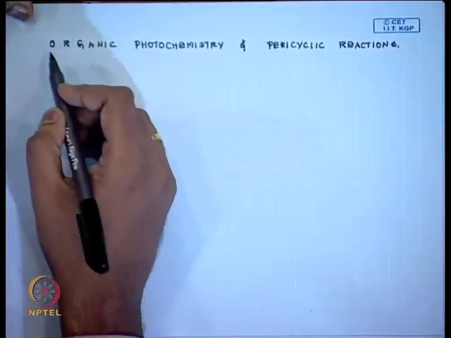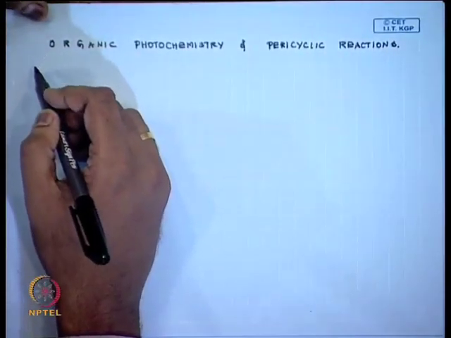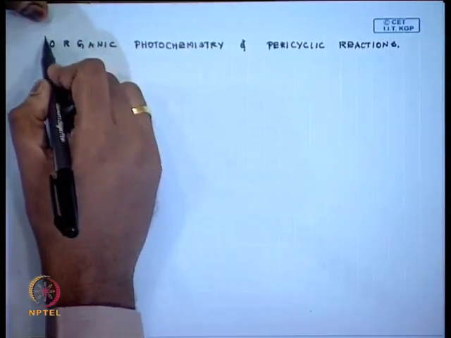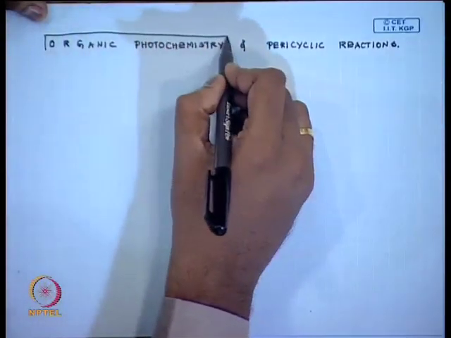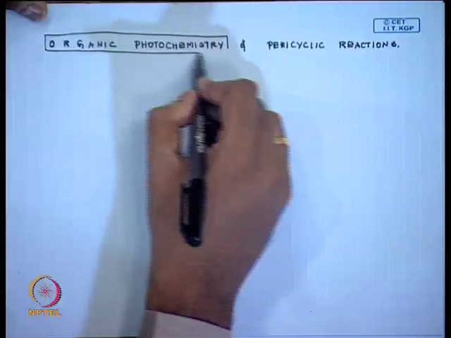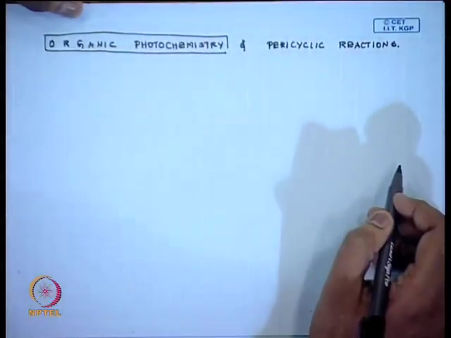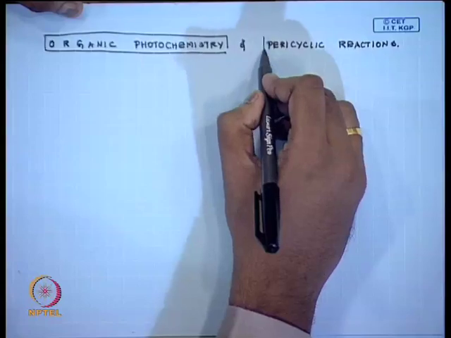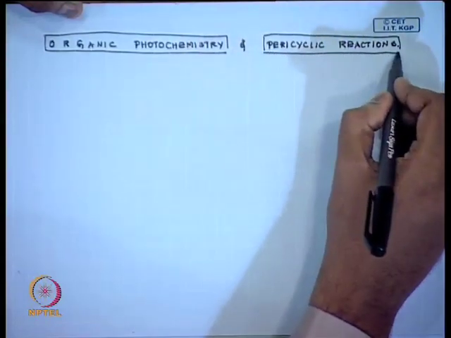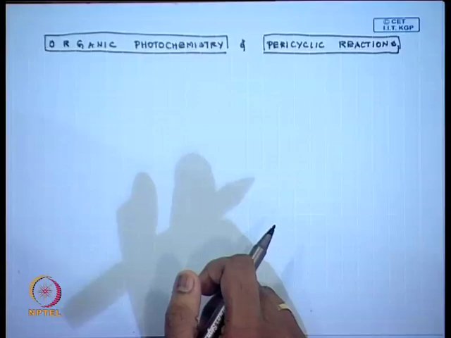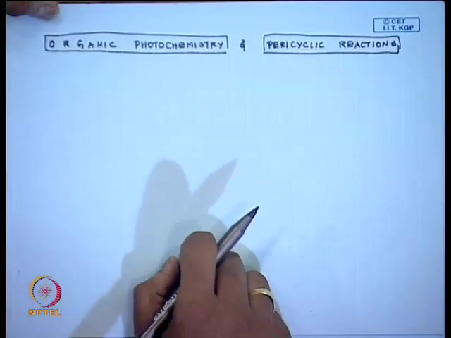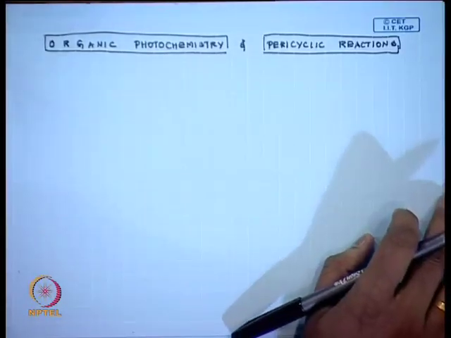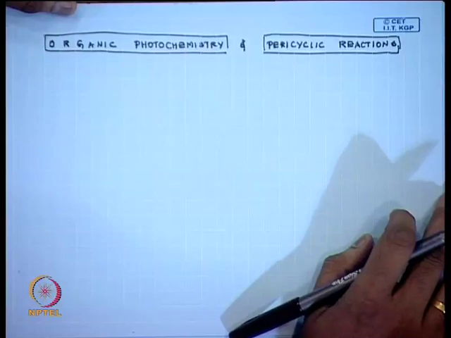Till mid semester we will be trying to concentrate on the first part, that is your organic photochemistry, and after mid semester we will be trying to discuss the pericyclic reactions. In today's class I will just try to introduce you to organic photochemistry.